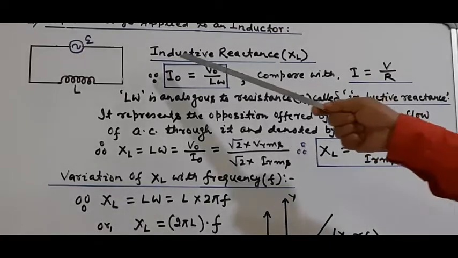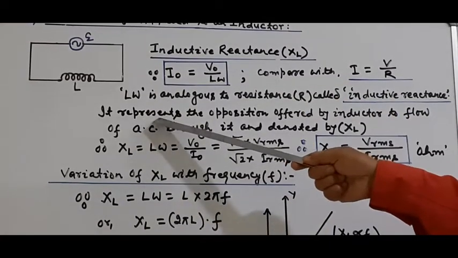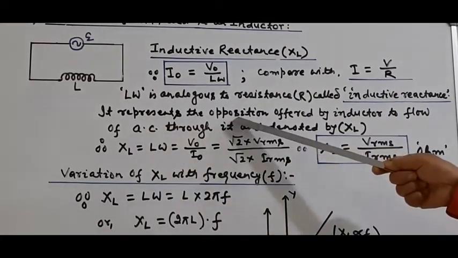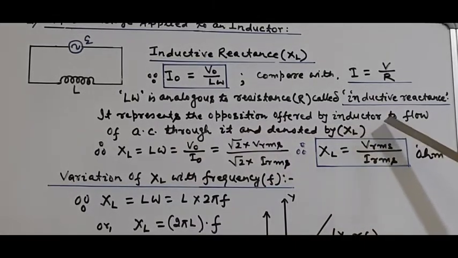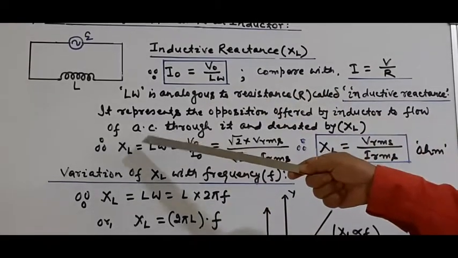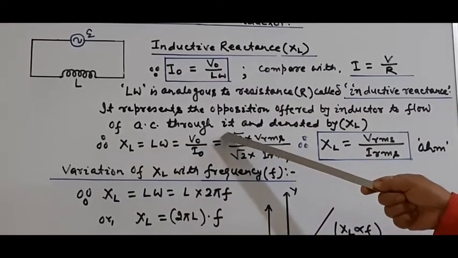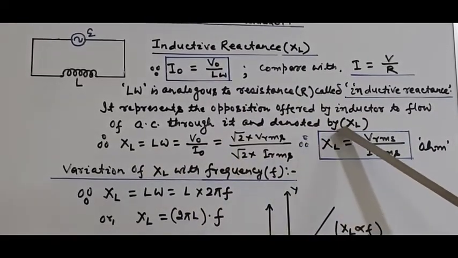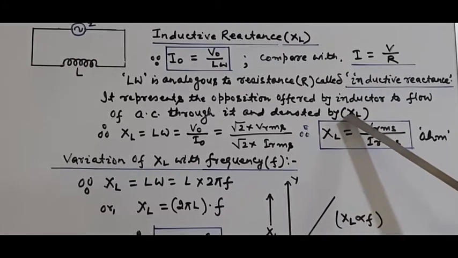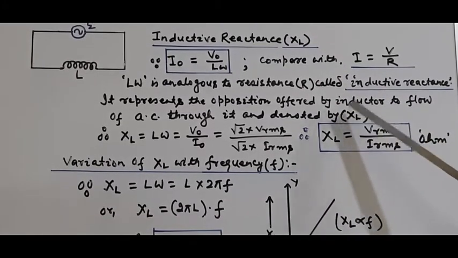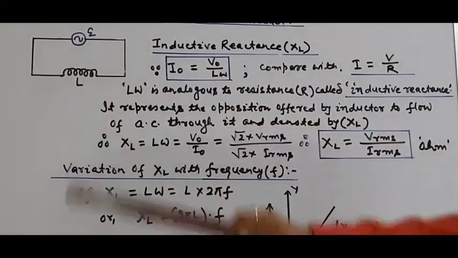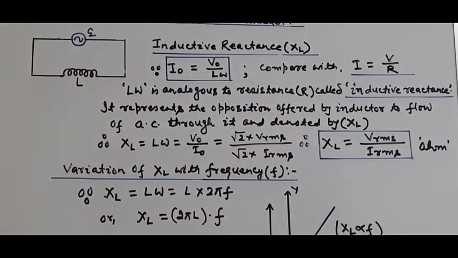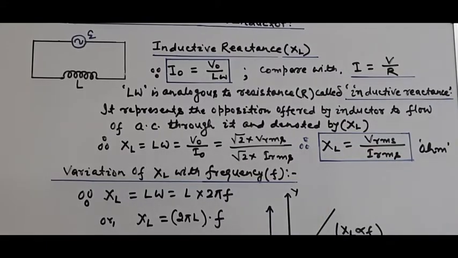So we can say that inductive reactance represents the opposition offered by an inductor to the flow of AC through it, and it is denoted by XL. So XL is the inductive reactance which opposes the current when AC flows through any inductor. Now find the value of this XL.